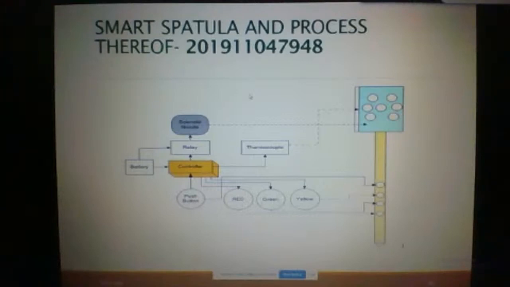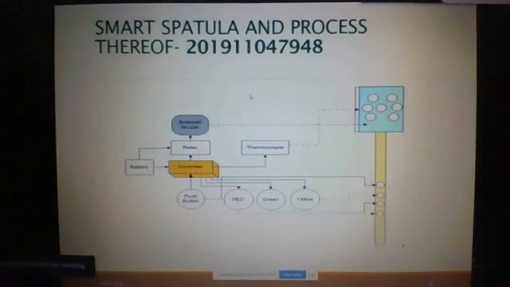The problem is that earlier there was no automation on that. What is that automation? Sometimes your paratha burns due to excessive heat coming from the bottom. So by thermocouple we can look at the temperature coming from below, so the paratha can be in good condition.